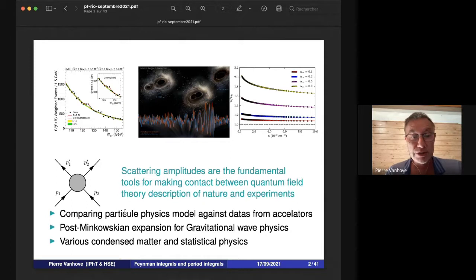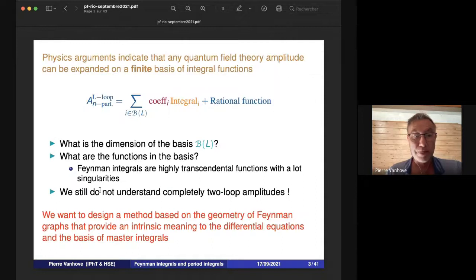So it's a really important question that physicists have developed over the years many intuitions and many tools, but it's not, I think today, for a few time now, a mature mathematical problem.